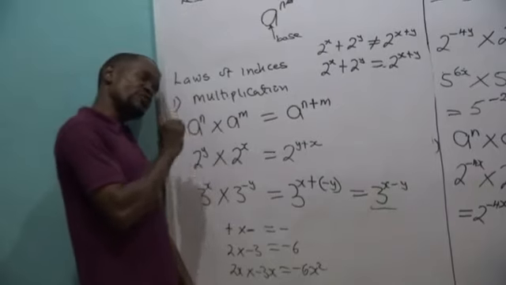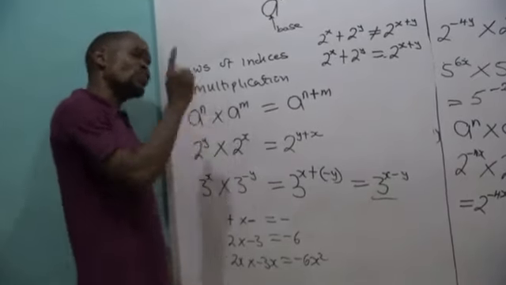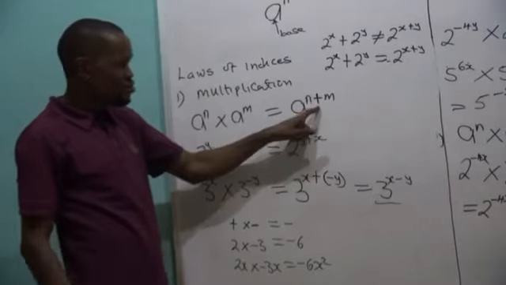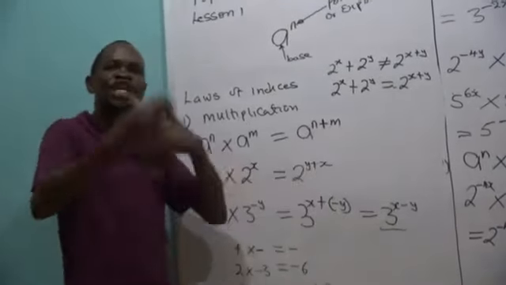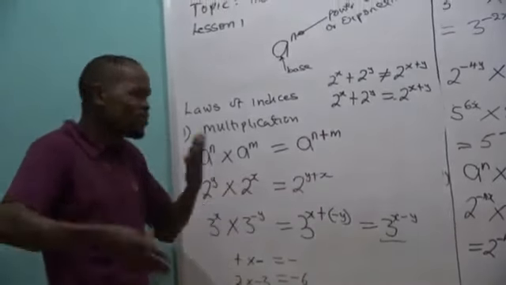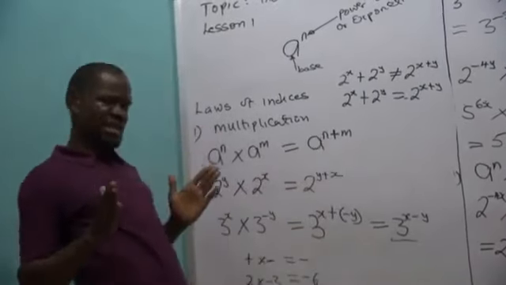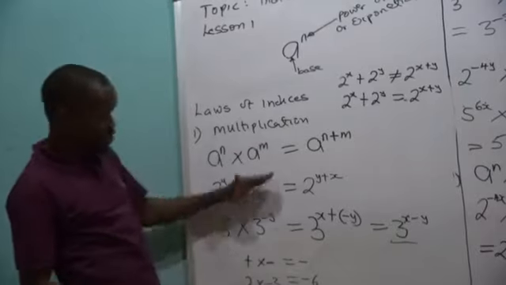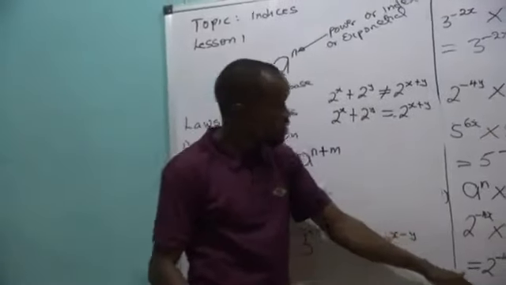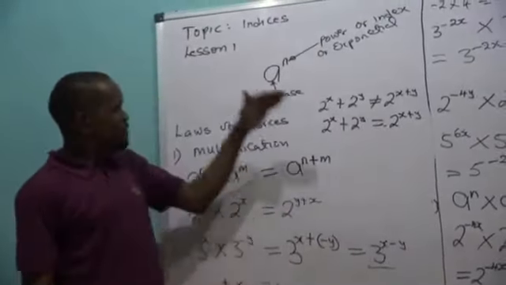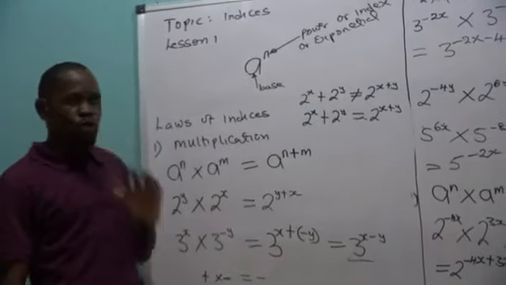This and this must be of the same base and they must multiply themselves before I can do this. And these can be changing. They are variables, which can be any value. But this is constant, which must be there before I resolve, which we will see from the examples we do. And this is the end of our lesson 1.